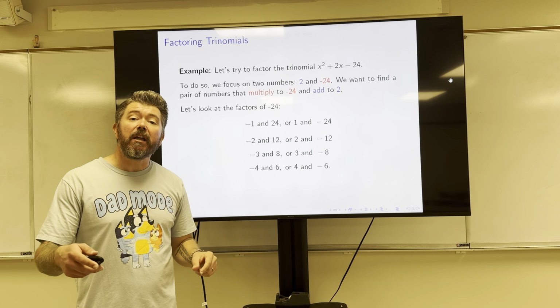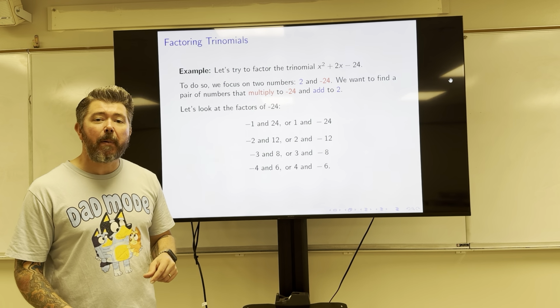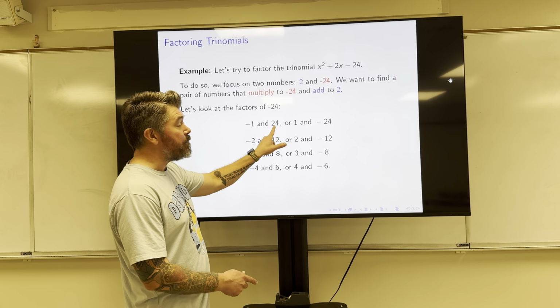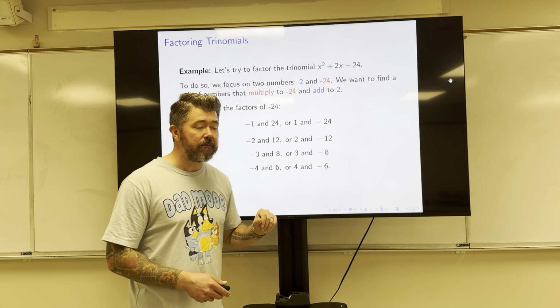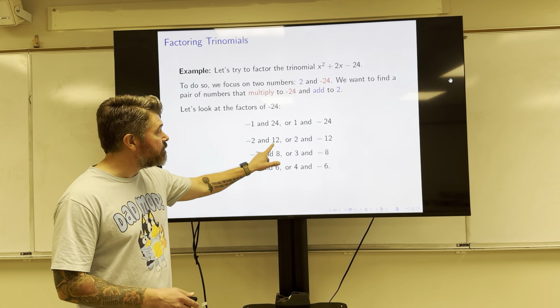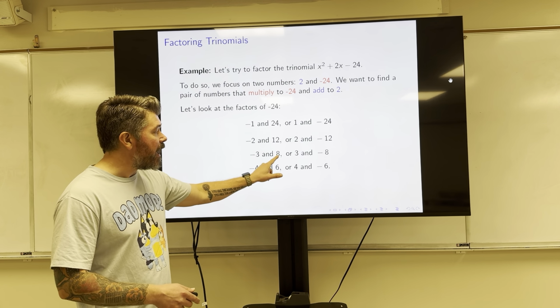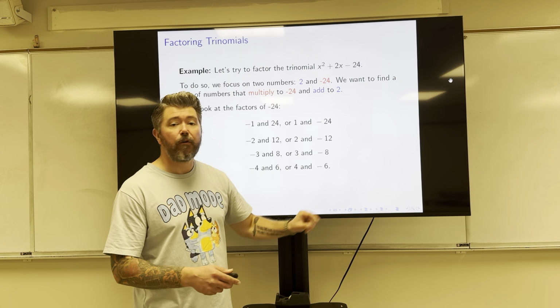But since we're looking at negative 24, one of the numbers in the pair has to be negative. So I can have negative 1 and positive 24, or positive 1 and negative 24. Negative 2 and positive 12, or 2 and negative 12. Negative 3 and 8, or 3 and negative 8, negative 4 and 6, or 4 and negative 6.